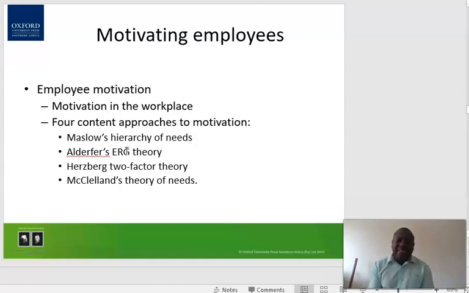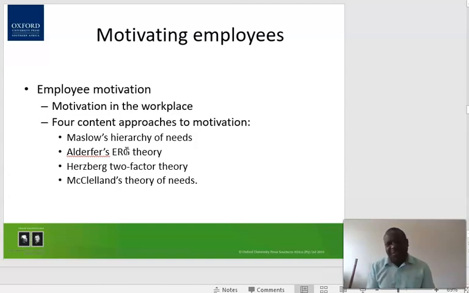And what Herzberg identified as the motivating factors are basically the top level needs as identified by Abraham Maslow. So your very basic physiological needs and security needs and part of the social needs actually form part of your maintenance factors or hygiene factors, which cannot be used to motivate people, according to Herzberg.